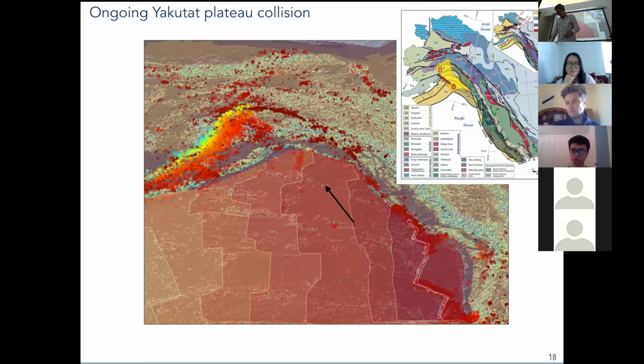We're also later going to talk about the Alaskan system. The Alaskan system is interesting because it's an ongoing example of collision. So we have the Yakutat block of anomalous buoyancy being subducted underneath the end point of the Aleutian system, and what a coincidence!